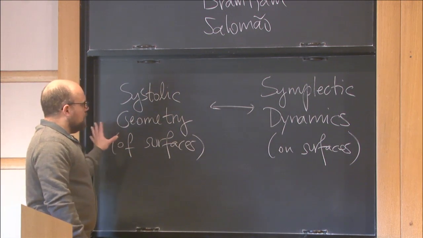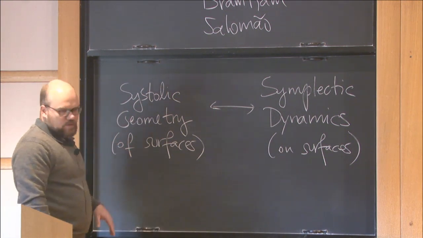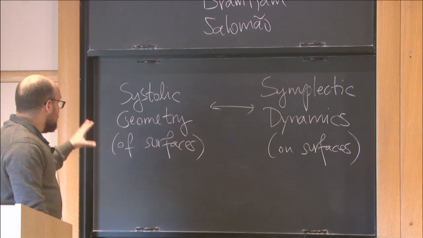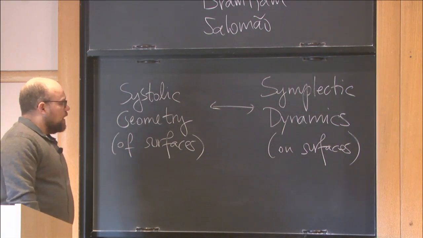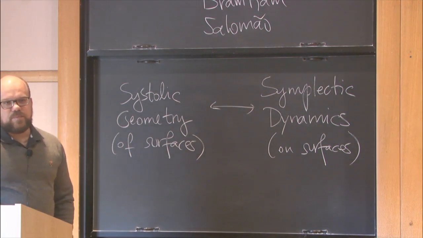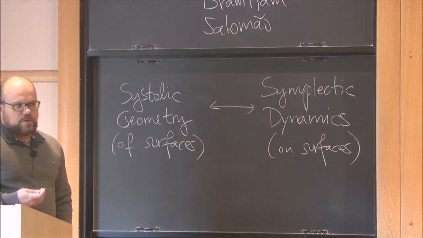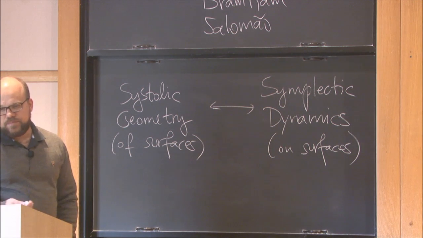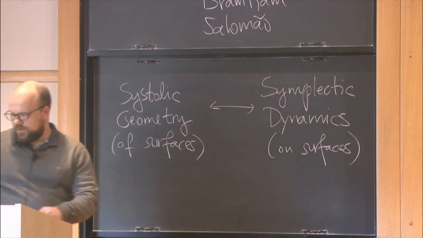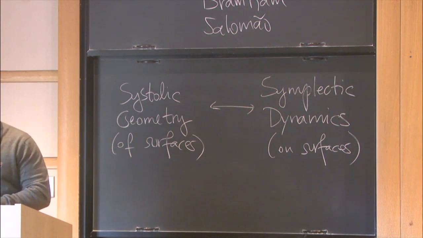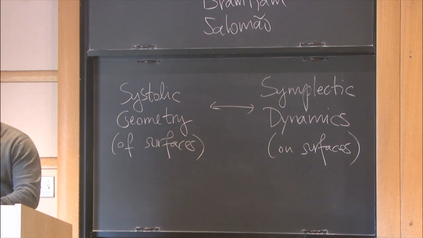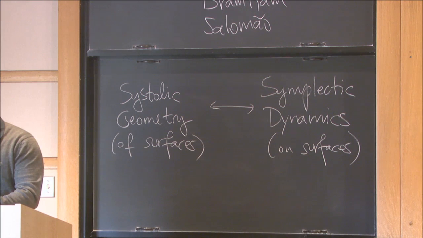Basically, the underlying principle here is that a systolic inequality can sometimes be translated into some kind of quantitative fixed point theorem for area preserving maps on a surface. Okay, that's the summary of the new results I'm going to mention today.